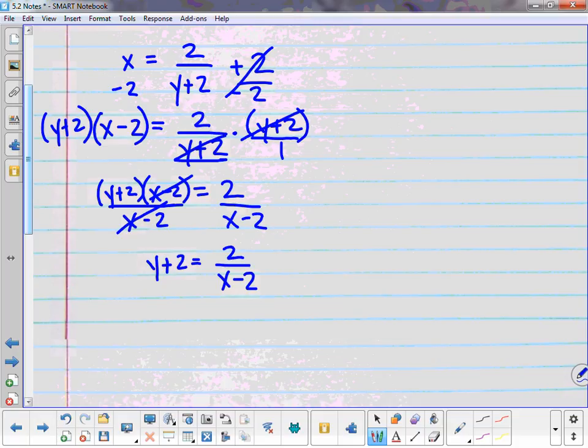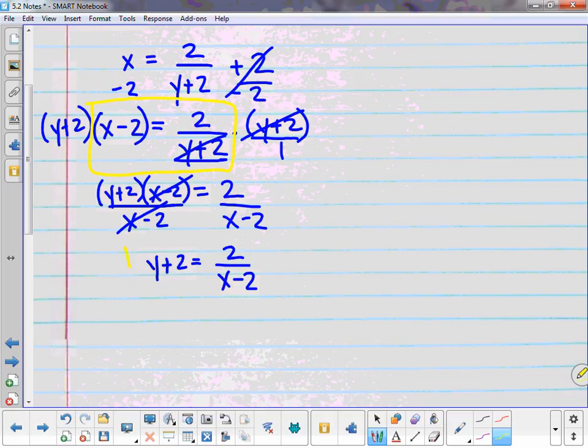So I want you to look at this. Let me highlight what I'm showing you here. So what we had is we had this equation. We had x minus 2 equals 2 over y plus 2.